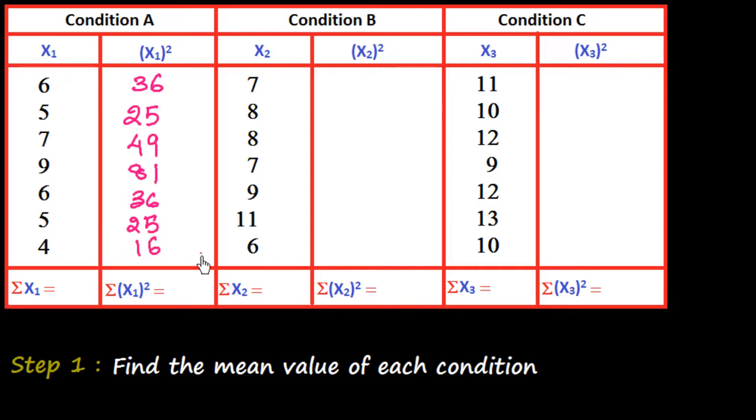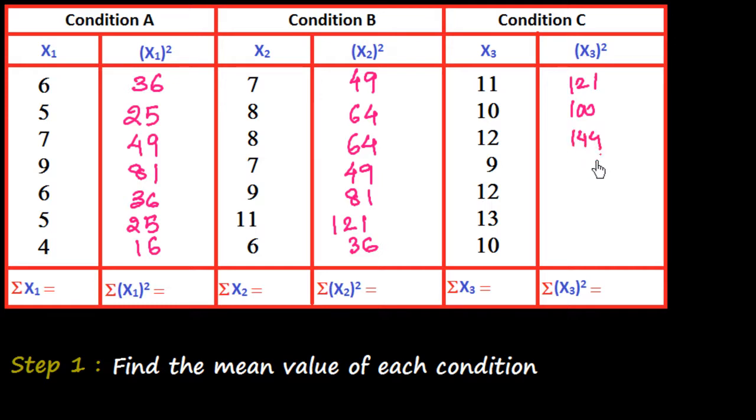Square of these also: 7 square is 49, 8 square is 64, 10 square is 100, 7 square is 49, 9 square is 81, 11 square is 121 and 6 square is 36. Here we see the squares of condition C, which are 121, 100, 144, 81, 144, 13 square 169 and 100.